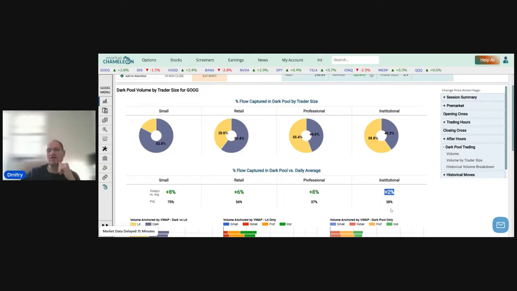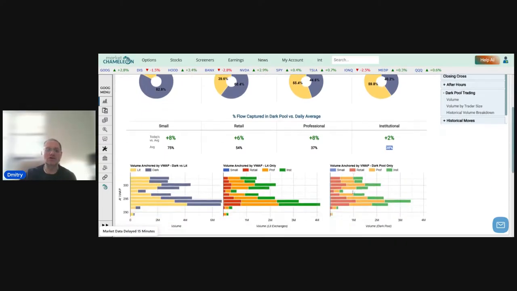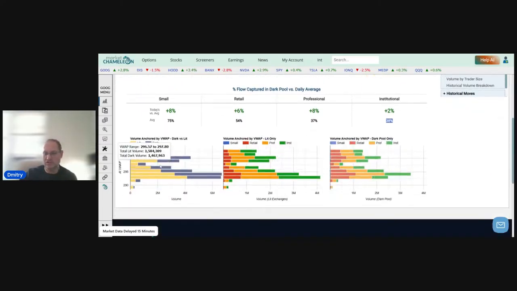On a day, what we see is that more flowed into the dark pool, more volume going to Google, and it increased across the board. So there's liquidity in the dark pool for all trader types. And here's the breakdown in percentages of those averages.